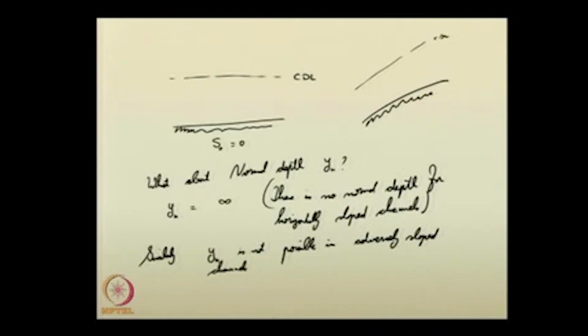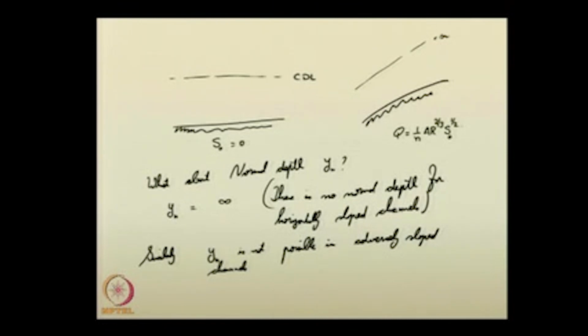So, just recall your Manning's equation, which suggested that Q is equal to 1 by n A R to the power of 2 by 3 S naught to the power of half.